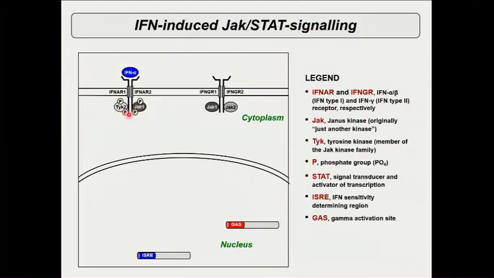And they also phosphorylate sites on the receptor itself, which then can be bound by proteins that like sites that are phosphorylated. And these proteins are latent activators of transcription.